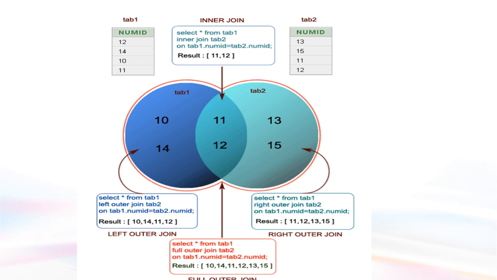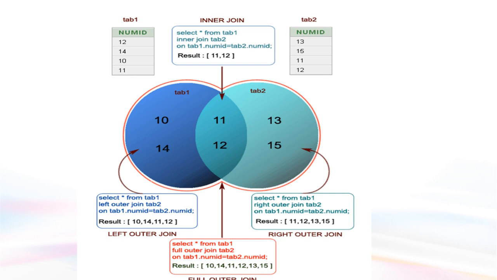This can be applicable for set operators also, same concept, but here we are using the joins concept. There are two tables, table 1 and table 2. Table 1 contains 12, 14, 10 and 11. Table 2 contains 13, 15, 11 and 12.